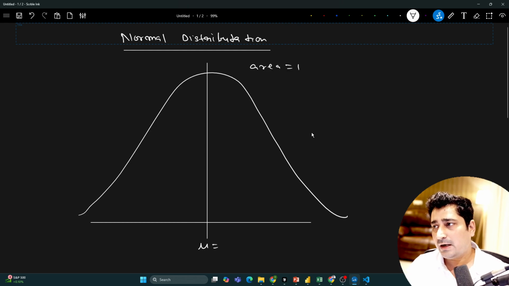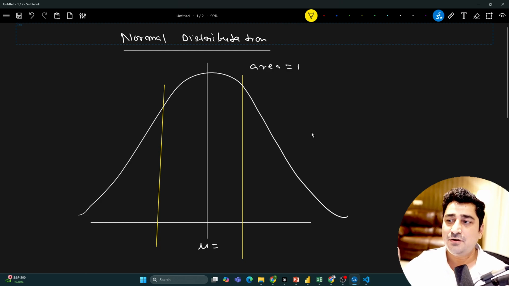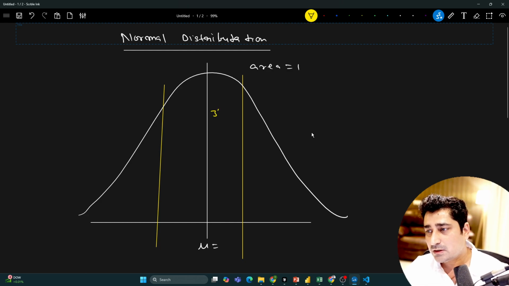You will be able to find that within one standard deviation on your right-hand side and your left-hand side, it holds approximately 34.1% of the data on this side and 34.1% on this side. So, negative and positive, just within one standard deviation, 34.1, 34.1.